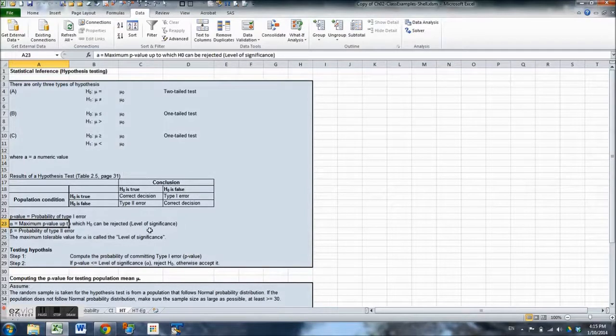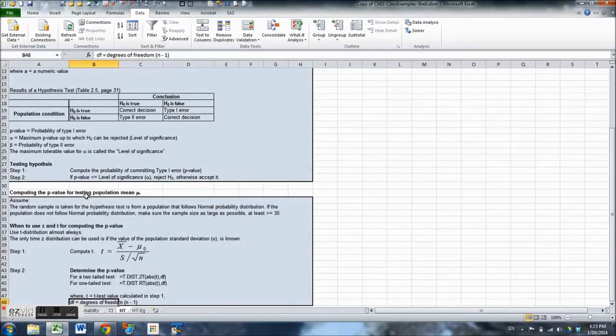So that is going to be the basis upon which we will conduct the test. So after setting up the hypothesis, in step 1, we will calculate the type 1 error for the hypothesis, and if that type 1 error probability is less than or equal to alpha, then we will reject the null hypothesis. Otherwise, we cannot reject.